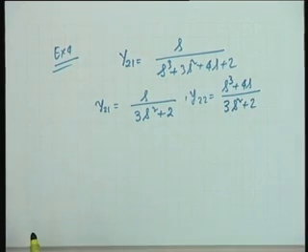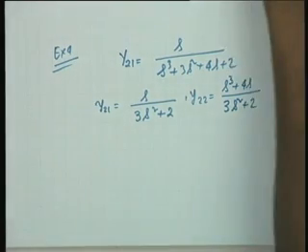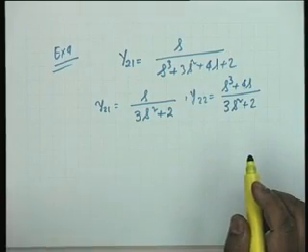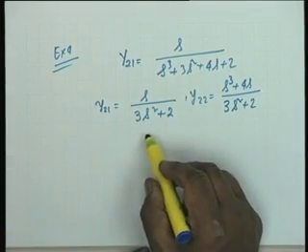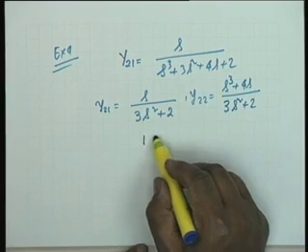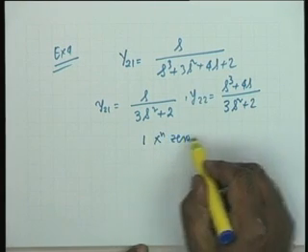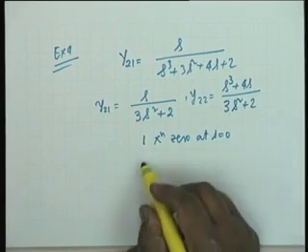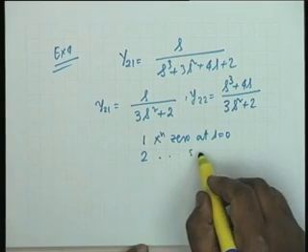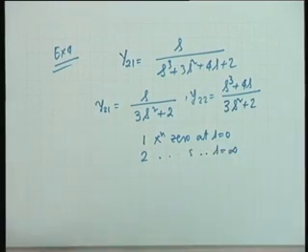We have divided both numerator and denominator by the even part of the denominator. Now how many zeros are there at the origin? 1 transmission zero at s equal to 0 and 2 transmission zeros at s equal to infinity.